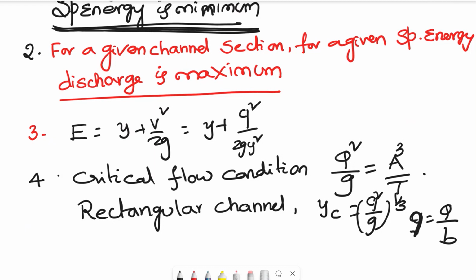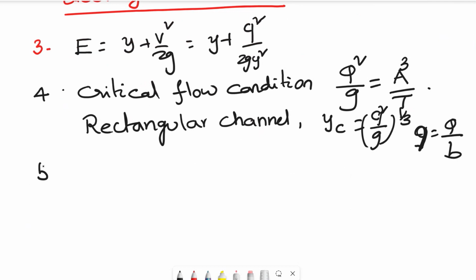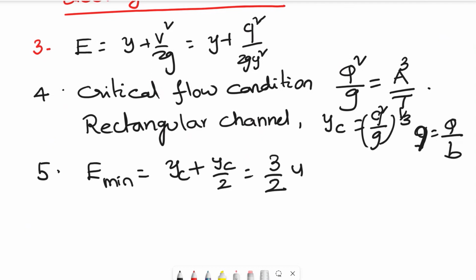This is the fourth. Then fifth, E minimum is equal to yc plus yc by 2, which is 3 by 2 yc, or yc is equal to 2 by 3 E minimum. This is again another condition.